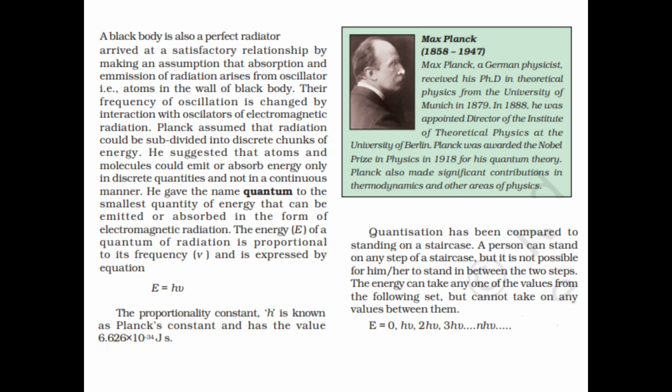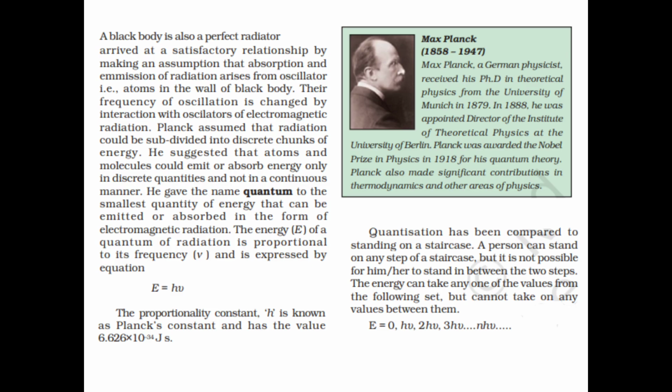Planck assumed that the radiation could be subdivided into discrete chunks of energy. He suggested that the atoms and the molecules could emit or absorb energy only in discrete quantities, not in a continuous manner. He gave the name quantum to the smallest quantity of energy that can be emitted or absorbed in the form of electromagnetic radiation.